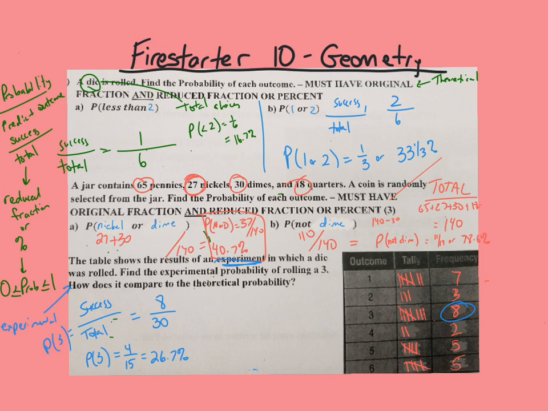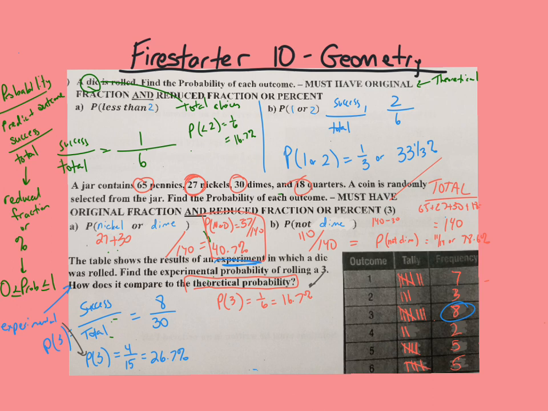Now, the theoretical probability is what should happen. Well, if a fair die is rolled, they all have an equal opportunity. So the theoretical probability of a 3 is 1 over 6, which is 16.7%. So now I finish it up. All right. How does it compare? So this is experimental.